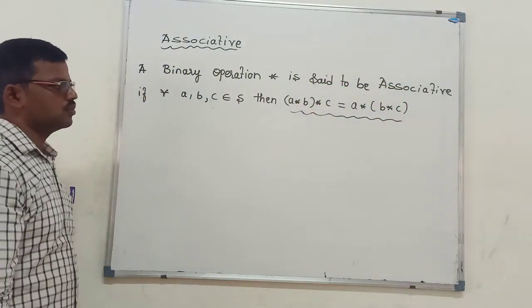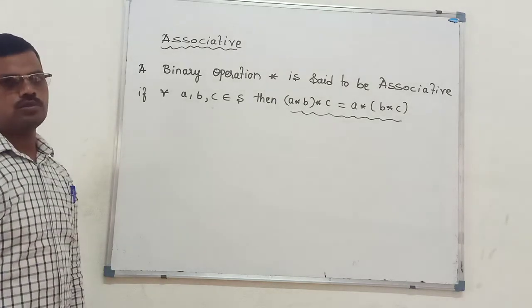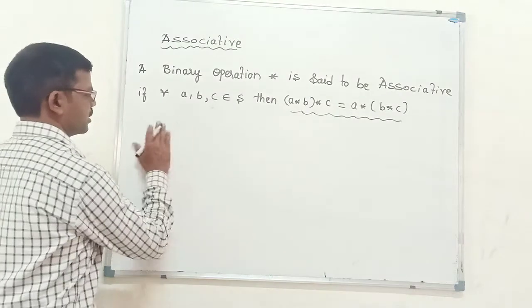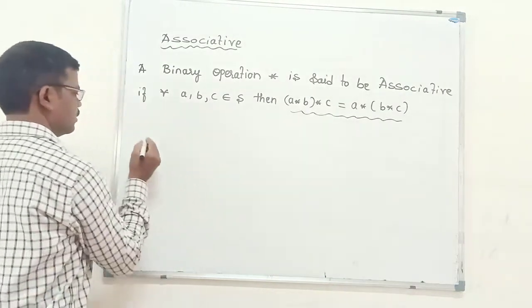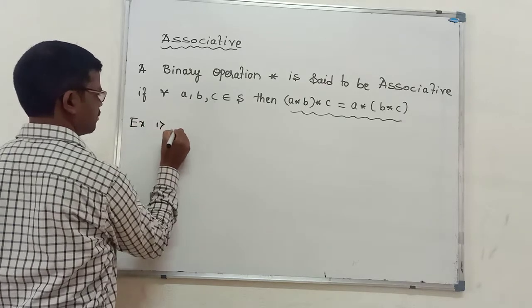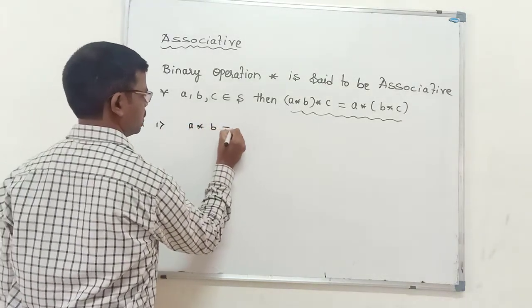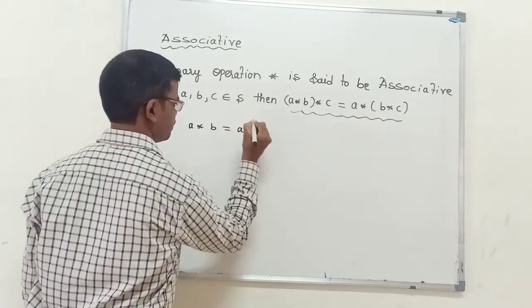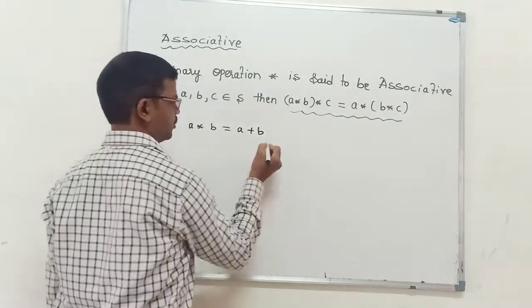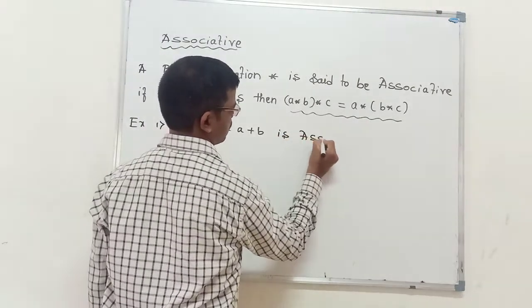So we can use the example from the previous problem to check whether it will become associative or not. Example one, simple example: is a star b equal to a plus b associative or not?